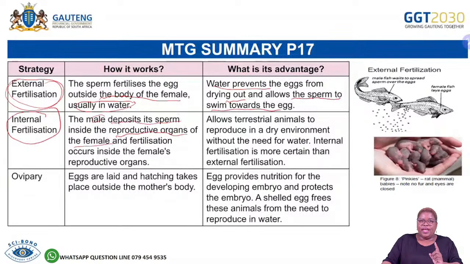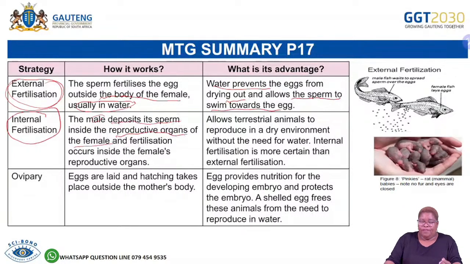So you need to take a note of that. For internal fertilization to take place, that's where we need what? The reproductive organs from both the male and the female, whereby the male will deposit the sperm cell inside the reproductive organ of the female. Then fertilization will take place.